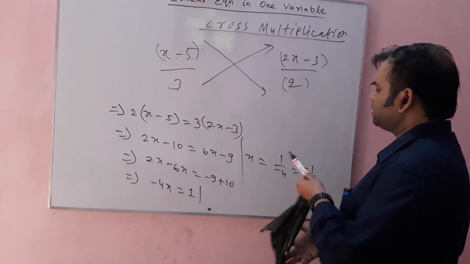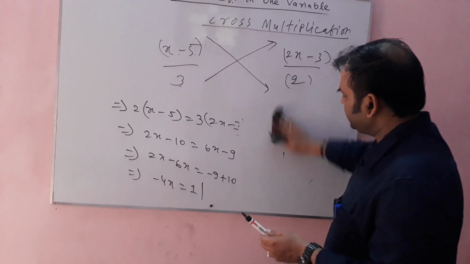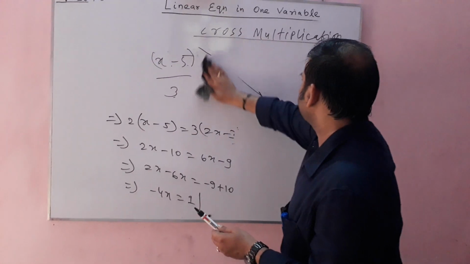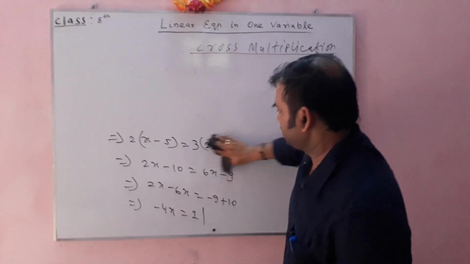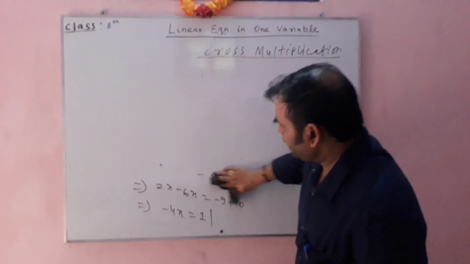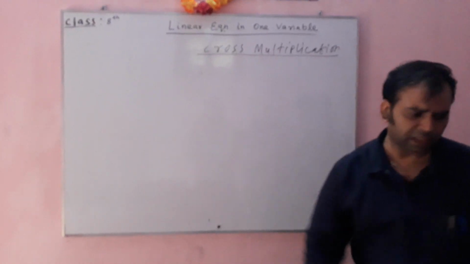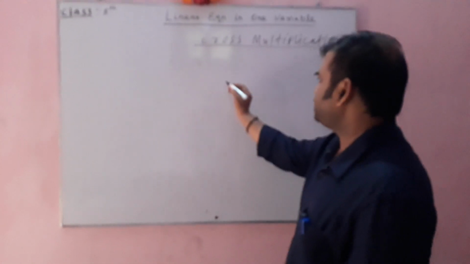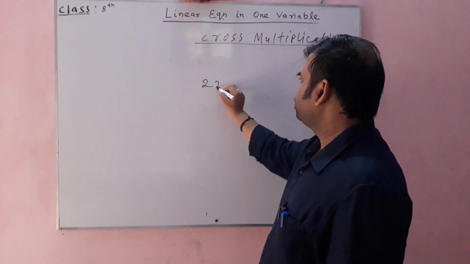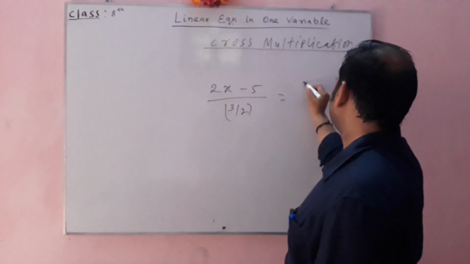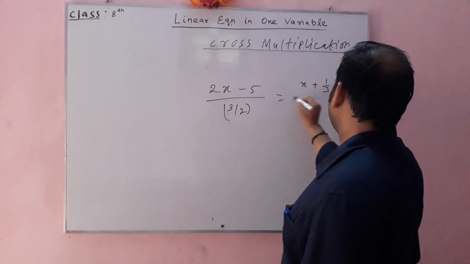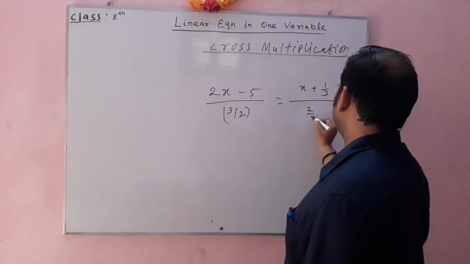So see another example. We will take this to make the method clear, because in mathematics examples are much more important for us. Without understanding examples, we never get through the concepts. Suppose I am writing here (2x minus 5) whole divided by 3 by 2, and here (x plus 1) by 3 whole divided by 2 by 3.